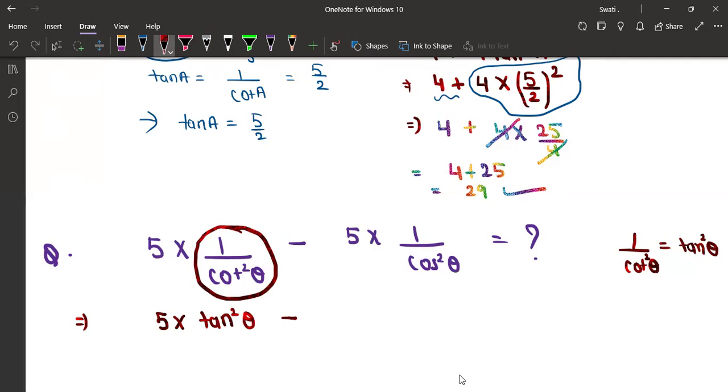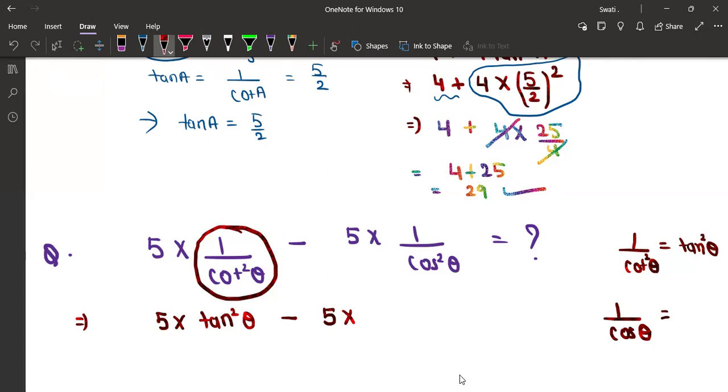Minus 5 into 1 upon cos square theta. So 5 I will write down as it is into. Can you tell me that cos theta is the reciprocal of which trigonometric identity? Just the way we have written 1 by cot theta is tan theta, so cos theta is the reciprocal of which trigonometric identity?